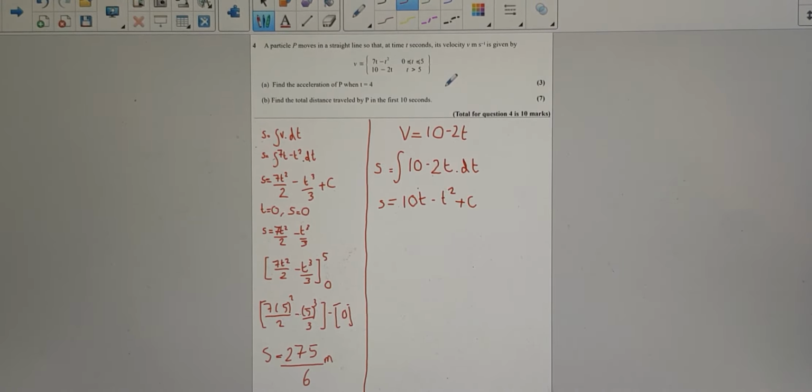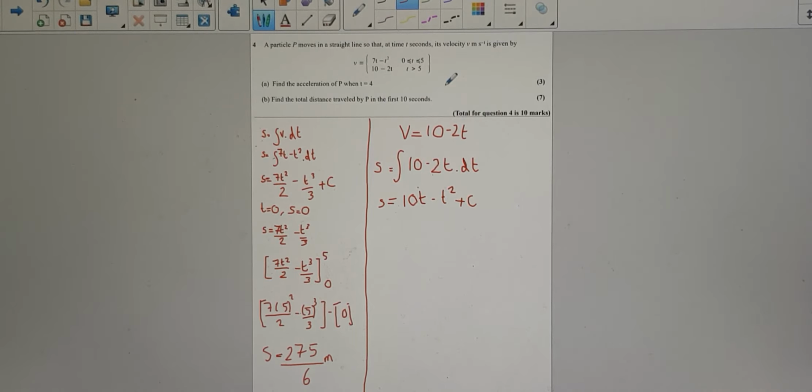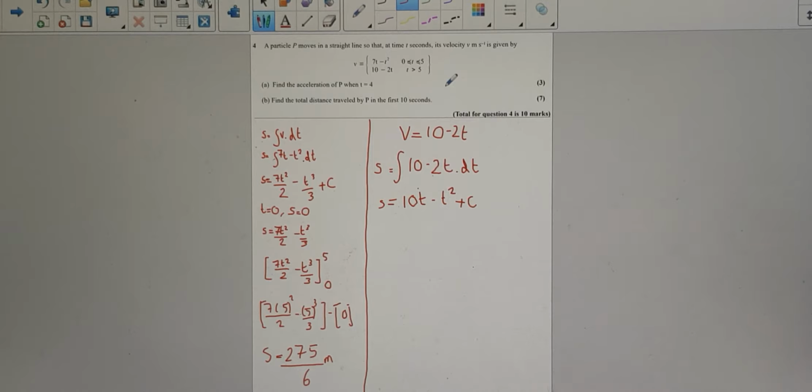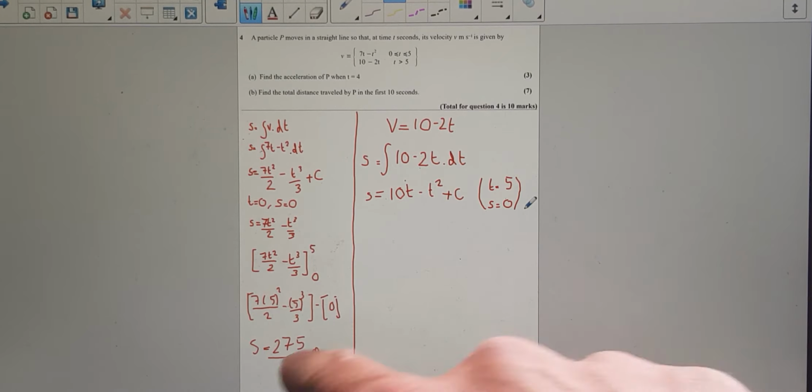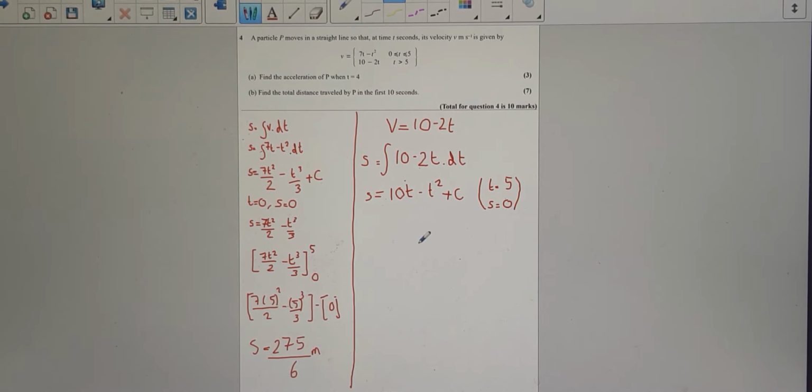Now, I'm almost treating this as a whole new journey. I worked out the displacement for the first bit, now I'm going to treat it afresh for the second part of the journey. So when t equals 5, because I want the displacement from this point on, I'm going to say that the displacement is 0. Then I can work out the displacement for this part of the journey and add it onto my value for the first part of the journey. So when I put all those things in, I get c equals minus 25.